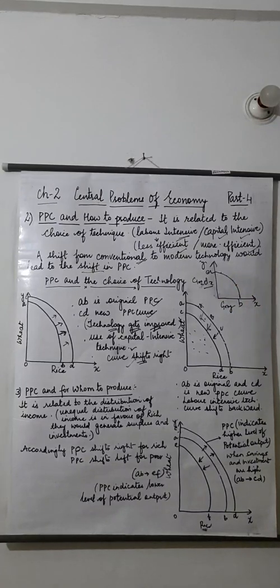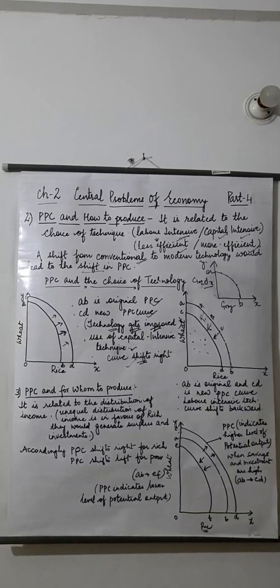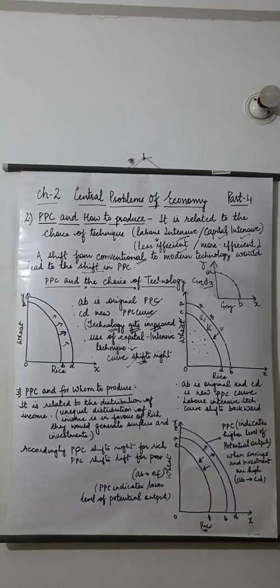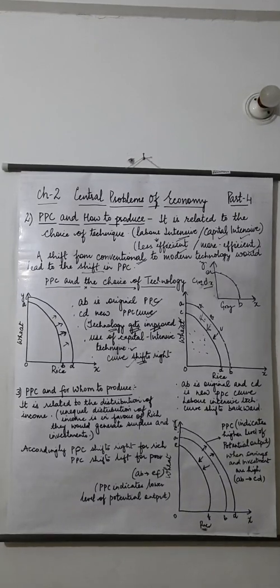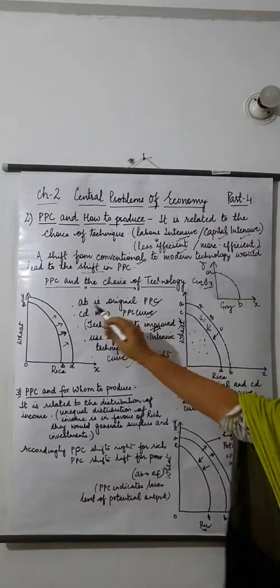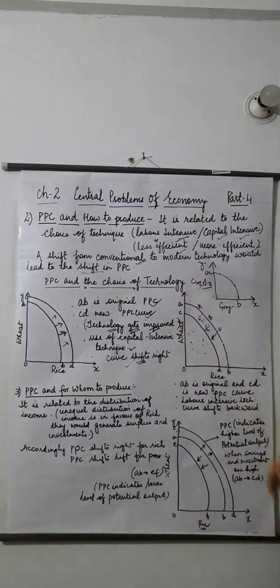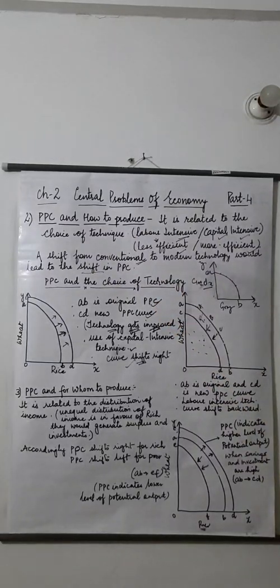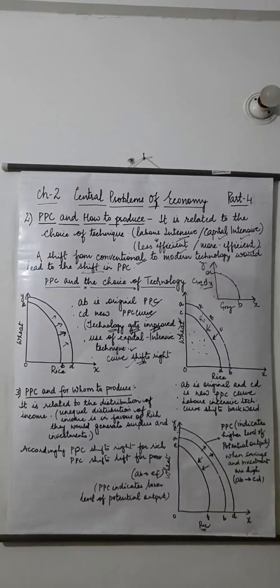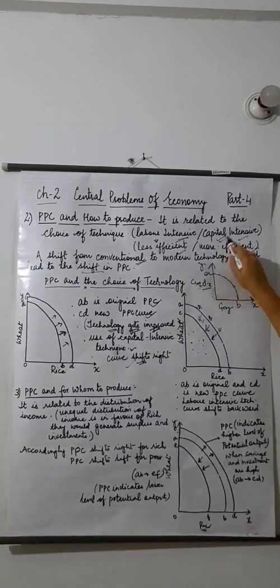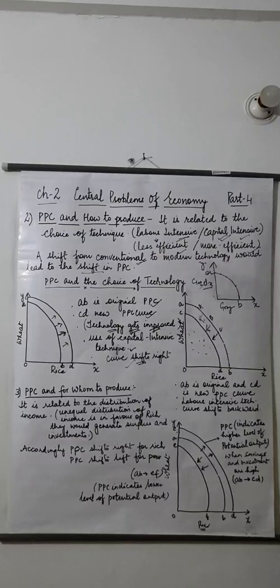Now, does the shift change? And how does the shift change? It is changed, student. How? I'll let you know. They say that the PPC and the choice of technology change in the shift also. When we change to modern technology, when we are adopting the capital intensive technique, then what will happen?